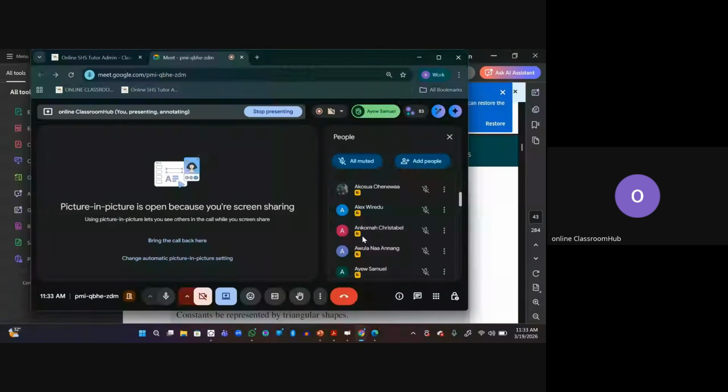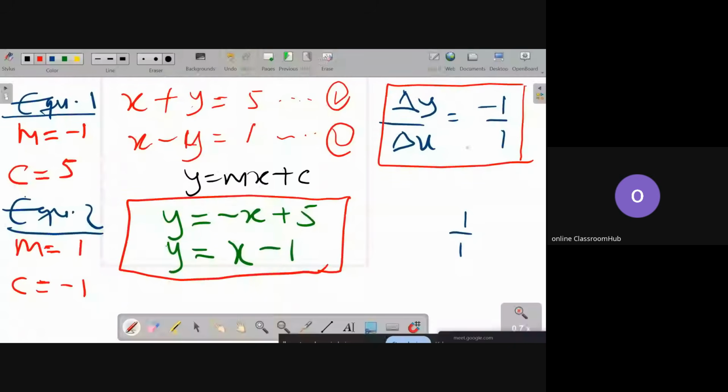Now equation 1. Our M is negative 1 over 1. Can you hear me? Good. I'm saying that for equation 1, our M, the gradient, is negative 1 over 1. So what will be the steps?